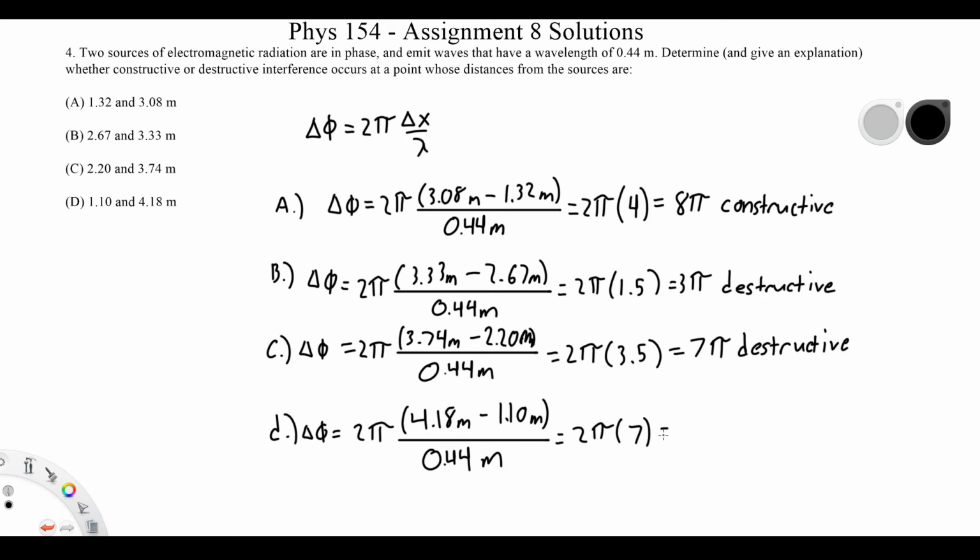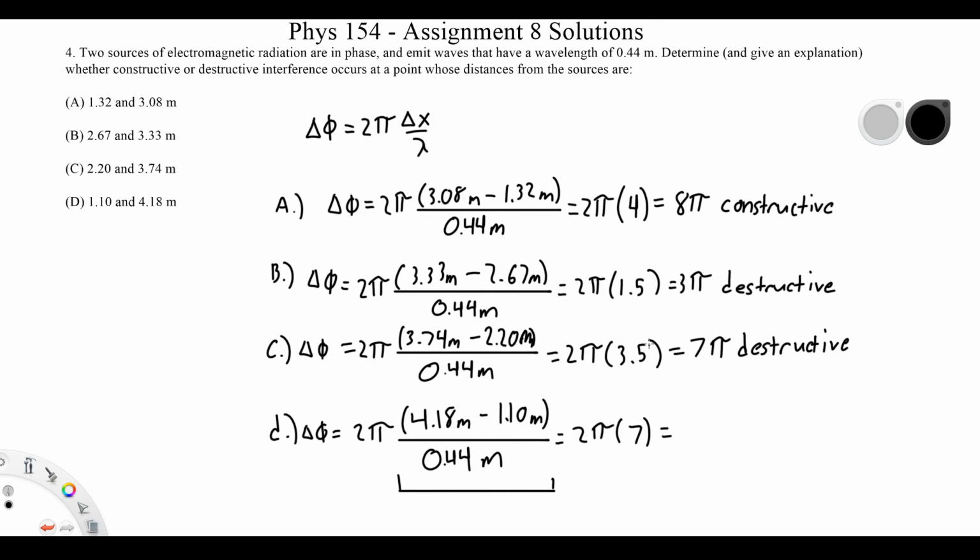In this specific case, I would tell you to be very careful, because if you were to do this problem on a test, it's very easy to perhaps only do the latter portion, and you wind up with a 7, which is of course an odd number, and then jump to the conclusion that you have destructive interference. But you have to remember that multiple of 2 pi, right?